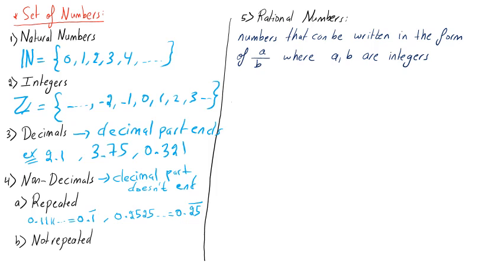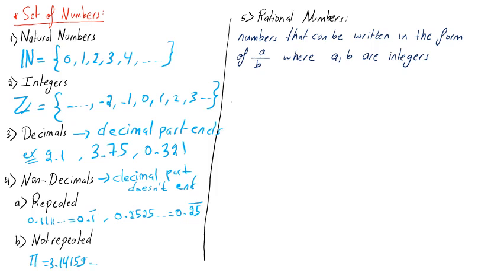Not repeated decimals, for example, pi. Pi, we know it as 3.14, which is 3.1415, etc. The numbers don't end but are not repeated.